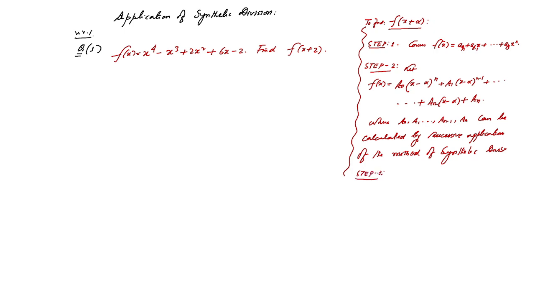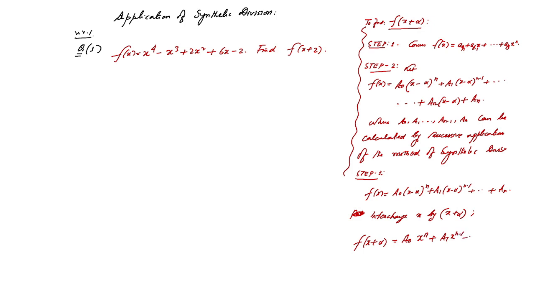Next, step 3, what will you do? You will represent f(x) as a0 into x minus alpha whole to the power n, a1 into x minus alpha to the power n minus 1, and so on. And here you will interchange x by x plus alpha, and you get f of x plus alpha equals a0 x to the power n plus a1 x to the power n minus 1 plus up to an minus 1 x plus an.